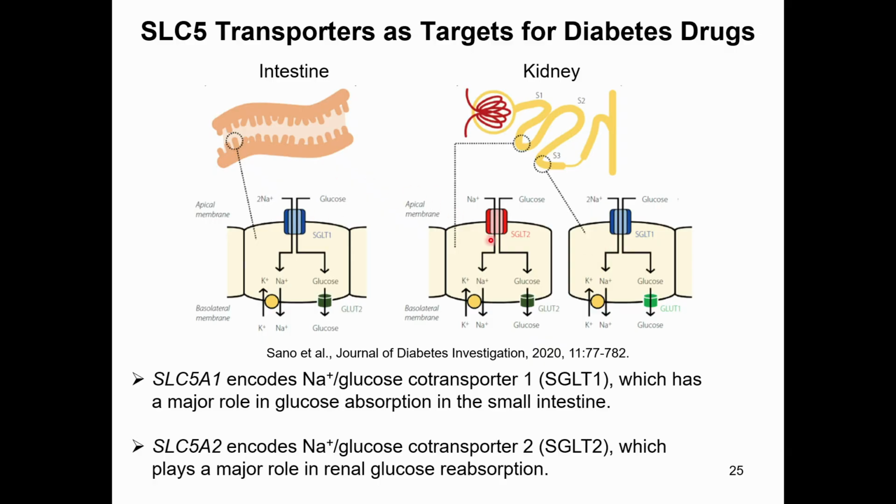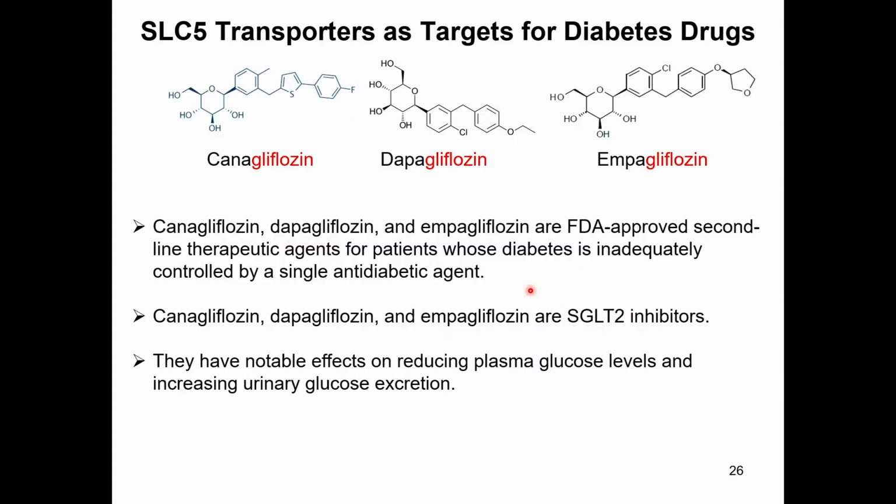There are others that function in the kidney, and those are also of interest for diabetes, because if you can alter glucose transport from the blood into the urine, that can also affect serum blood glucose levels. So there's been some interest in developing drugs against these.